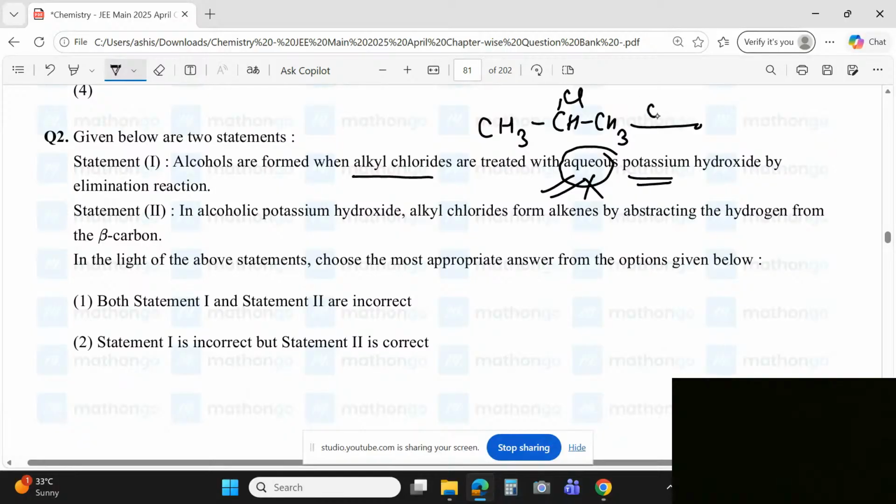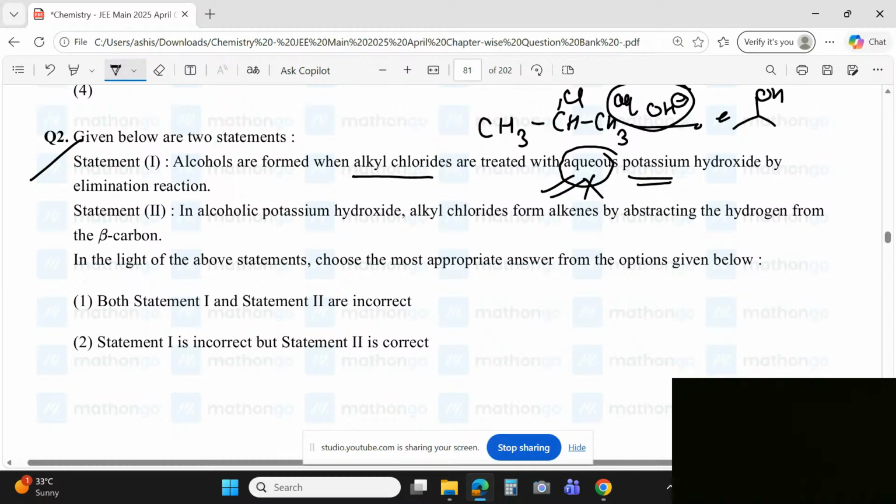So aqueous OH minus will behave like a nucleophile. That's why we will get OH, so that will be a substitution reaction, and statement 1 is not correct as stated.